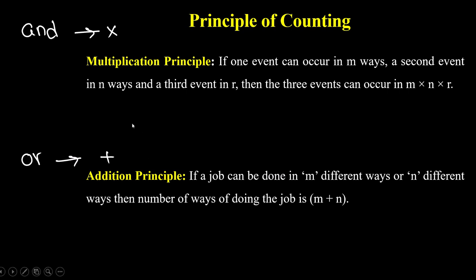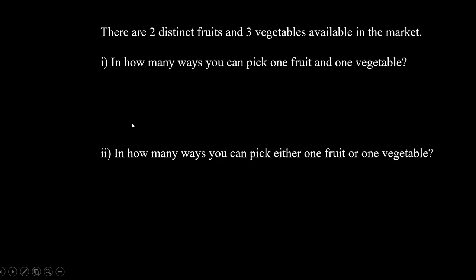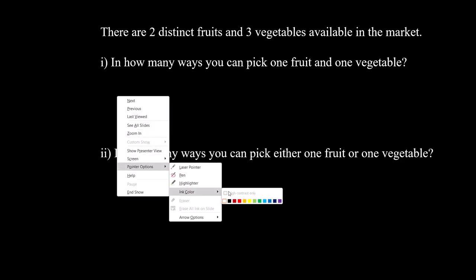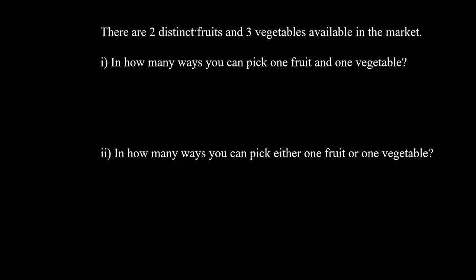You see, this is the outline. See the example here. I have 2 different fruits and 3 vegetables. 2 different, distinct means different. 2 different fruits, I am calling F1, F2. 3 different vegetables, V1, V2, V3. The first question here is, in how many ways can we pick 1 fruit and 1 vegetable?